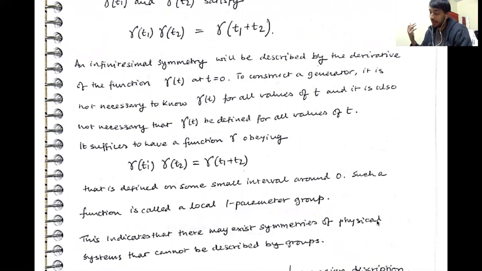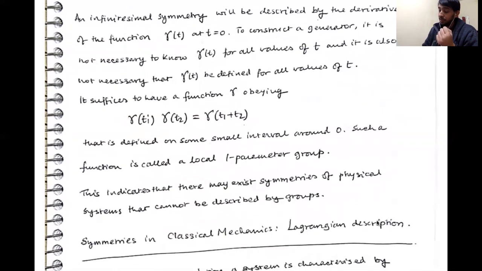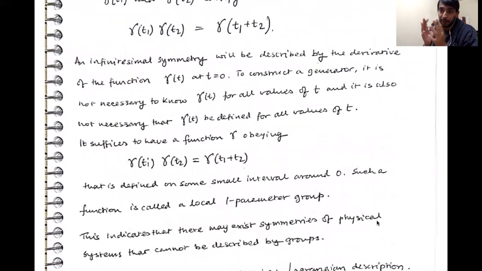It indicates that symmetries of a physical system may not be described by groups at all. It may be such that these are defined by only the local properties, which is where the algebras are important.